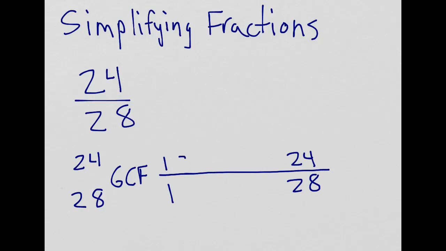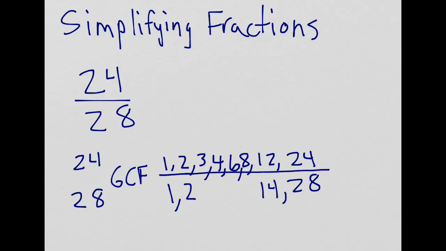We could also do 2. 2 times 12 is 24, and 2 times 14 is 28. We could also do 3. 3 times 8 is 24, but I can't do 3 for 28. 4 times 6 is 24.